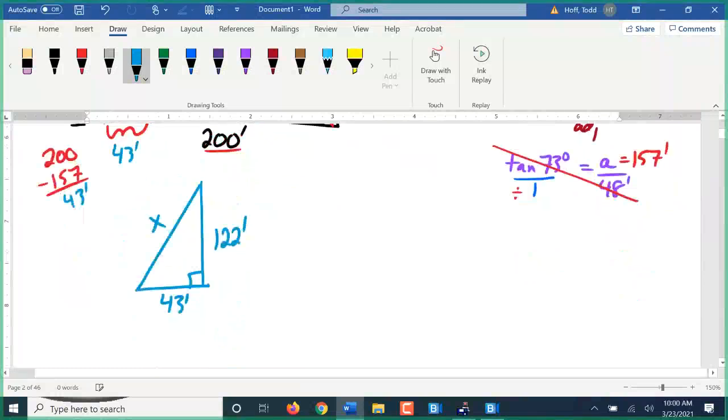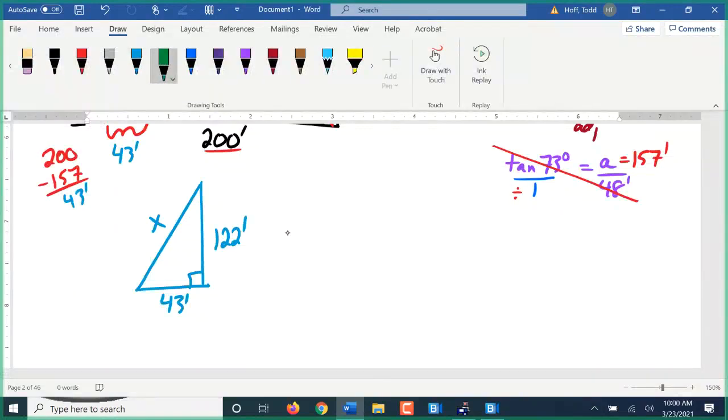To find x, well, it's still trig, but I don't need to use any of my trig functions. It's just a squared plus b squared equals c squared. So we'll call this a, b, and c. So a squared is 43 squared, plus b is 122, that'll be squared, equals c, which is just x, so it's x squared.